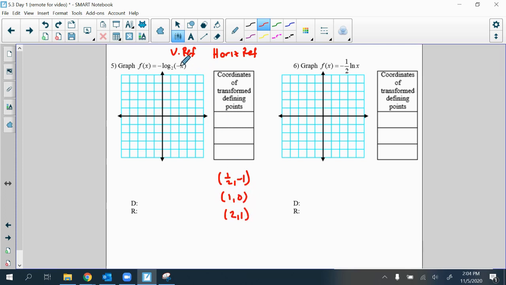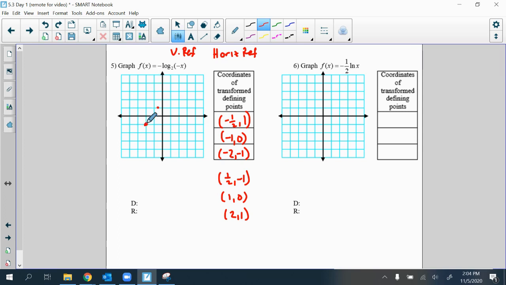So notice I have both x and y getting reflected. So it will be (-1/2, 1), (-1, 0), and (-2, -1). So everything kind of gets flipped.